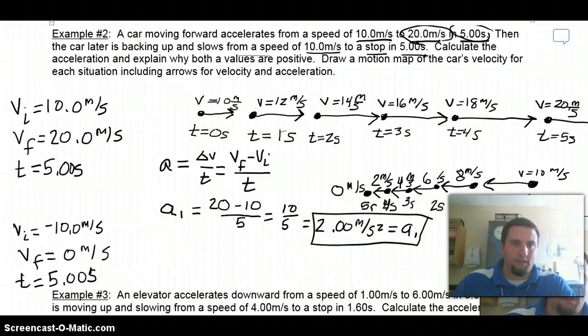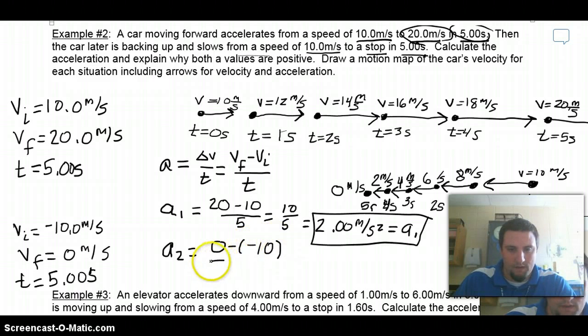Alright, since we got the first acceleration, now let's solve for the second acceleration. We'll call it a sub 2. Okay, we'll use the same equation here. Final velocity is 0 minus an initial velocity of negative 10. So it's minus negative 10 over a time of 5 seconds.